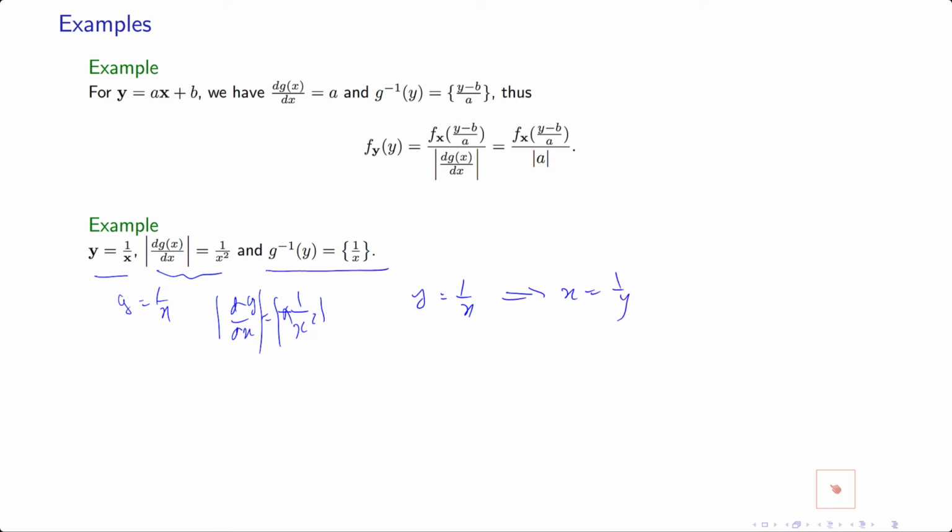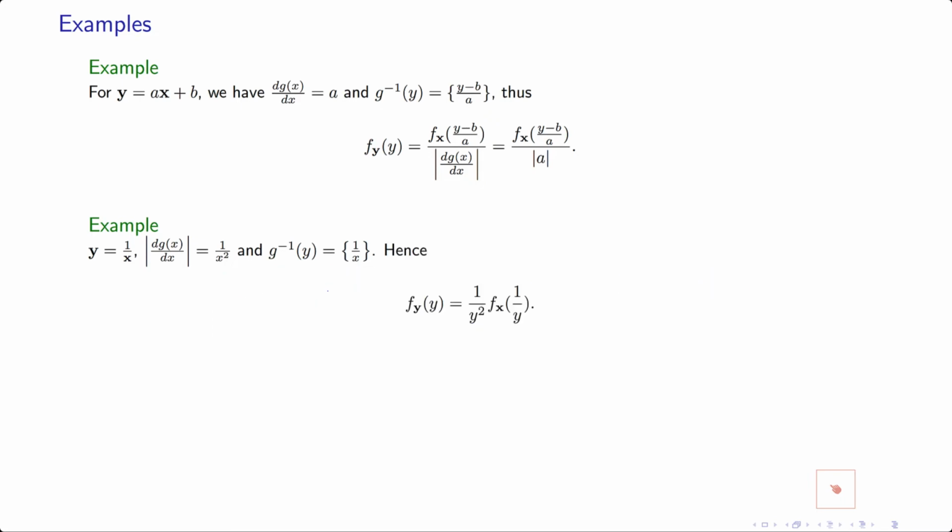So I always get a unique solution, provided that y is not 0. If y is 0, then I don't have a solution. So in this case, fy of y is equal to, because it's a unique solution, fx of the solution, which is 1 over y.